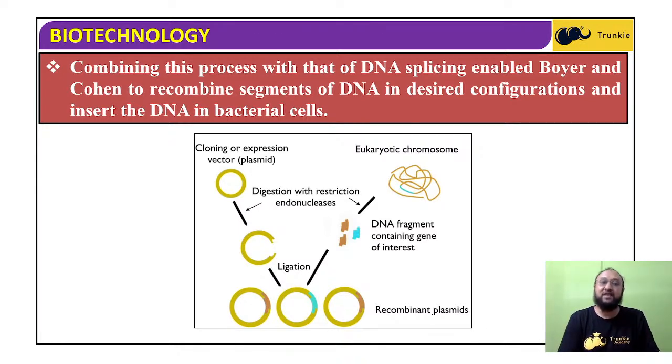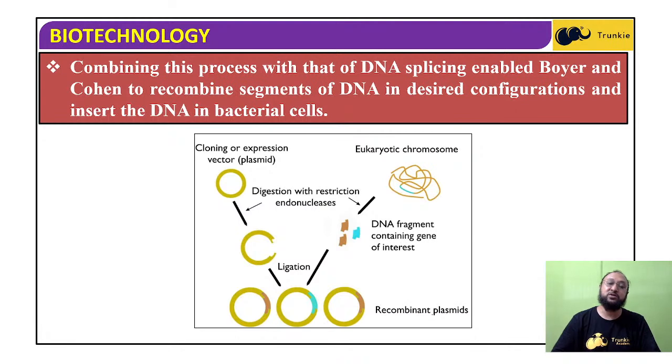Applying this technique, and also the removal of the plasmids, Boyer and Cohen recombined segments of DNA in the desired configuration and inserted the DNA into the bacterial cells. So they took out the plasmid, cut the DNA, joined it into the desired configuration, and then inserted it into the bacterial cell.